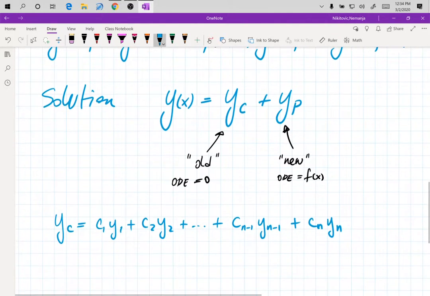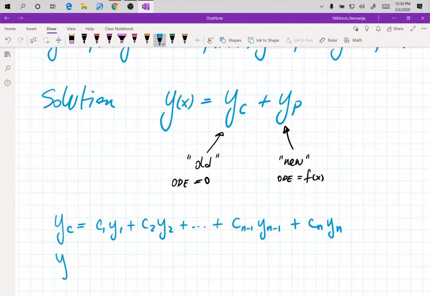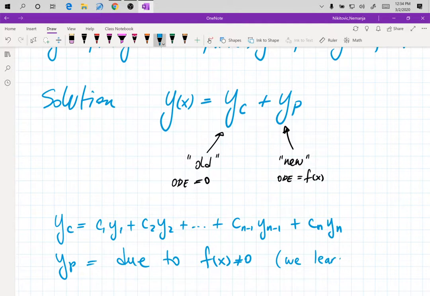And the yp equals, and I'll just say, due to f of x not being 0. We'll learn this later. Because I don't want you going crazy trying to figure out how to solve this when you are not supposed to yet. I think at least 2 or 3 sections before we hit some of those solutions.